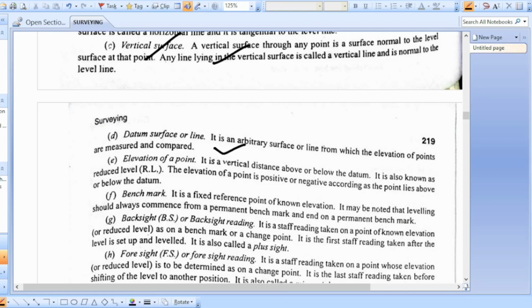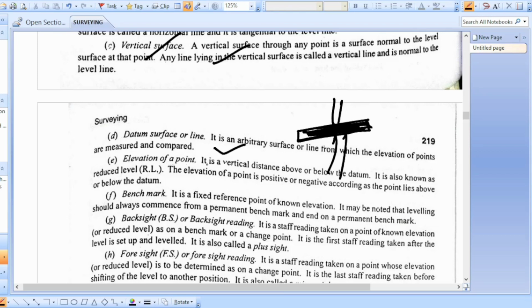Datum surface क्या है? जो फिक्स लेवल, जमीन का जो लेवल, उसको डेटम सरफेस, इसके हिसाब से ऊपर नीचे कैलकुलेशन होता। Datum line or datum surface.